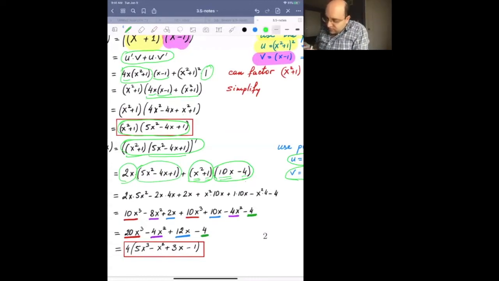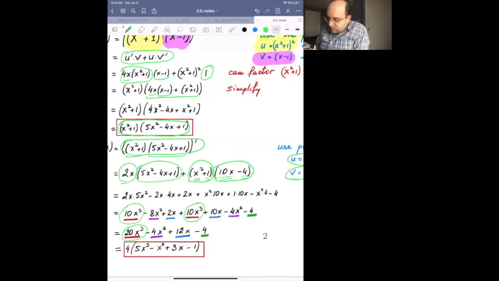I'm going to simplify and then collect similar terms, which I underlined with the same colors. So here I have 10x squared and 10x squared. That gives me 10x to the third, 10x to the third here. So that gives me 20x to the third, and I have similar things for the rest of the terms.